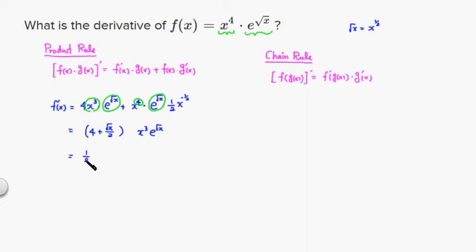If you factor out 1/2 from 4, that becomes 8, because we have to multiply by 2. Then if you pull out the 1/2 from square root of x over 2, that's going to be square root of x. Then you have x cubed e to the square root of x.